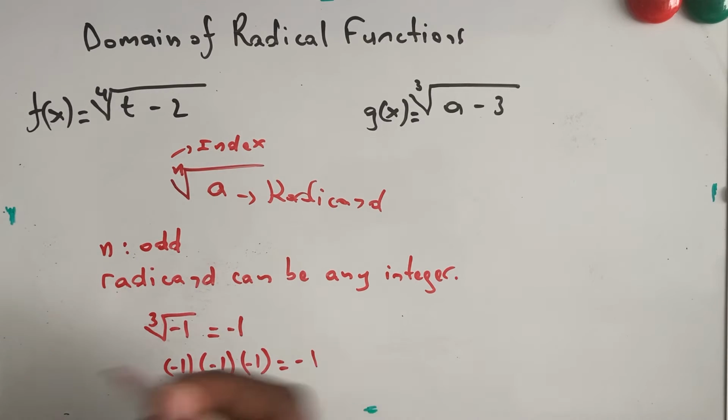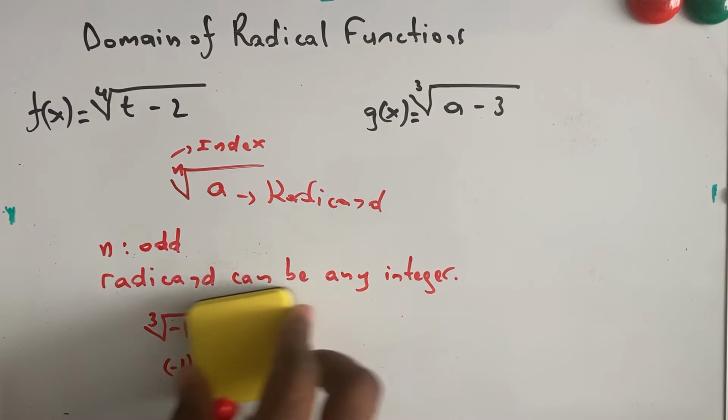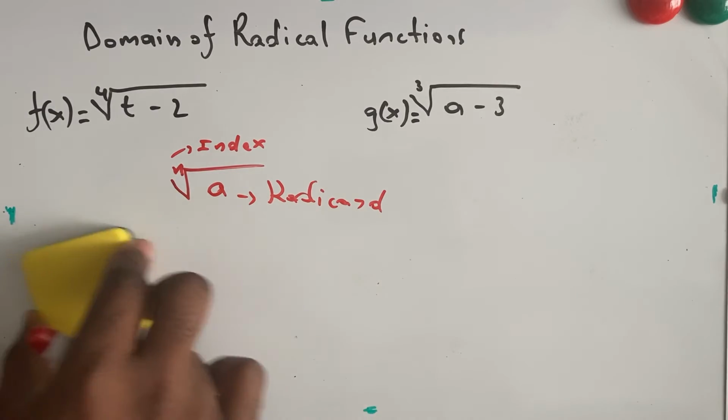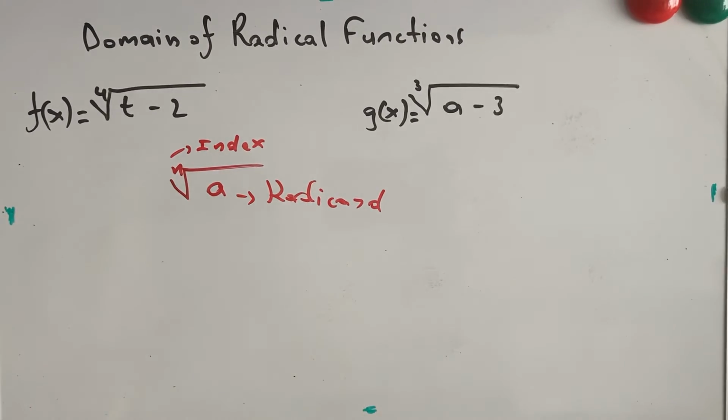Now, this is very important because of what I'm explaining here. What I'm trying to say is, remember the definition of domain from my previous video where I covered the domain of rational functions. The domain is the set of all the input values for which the function works, for which there's an output value.